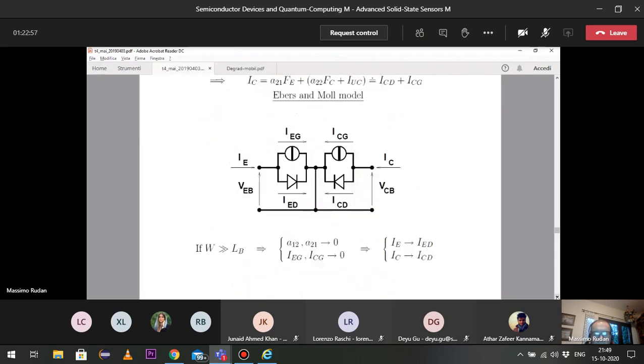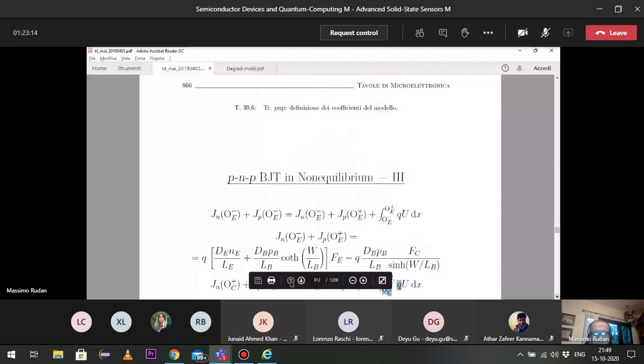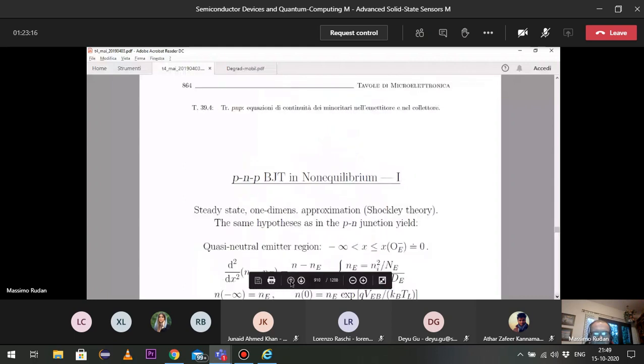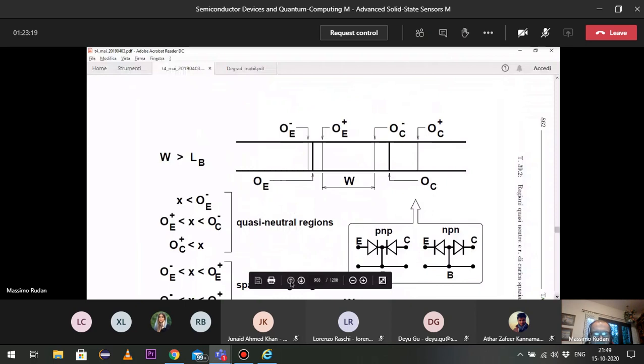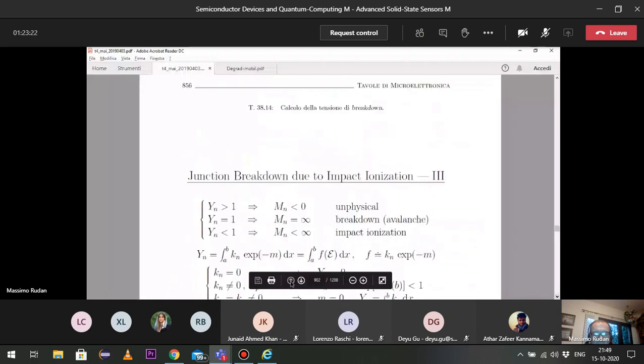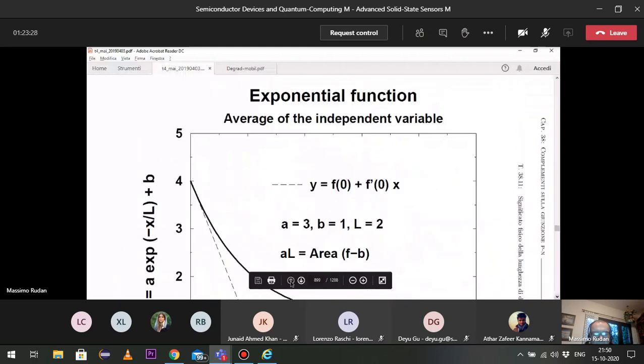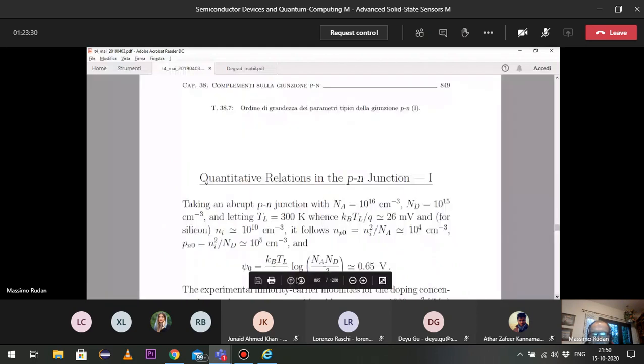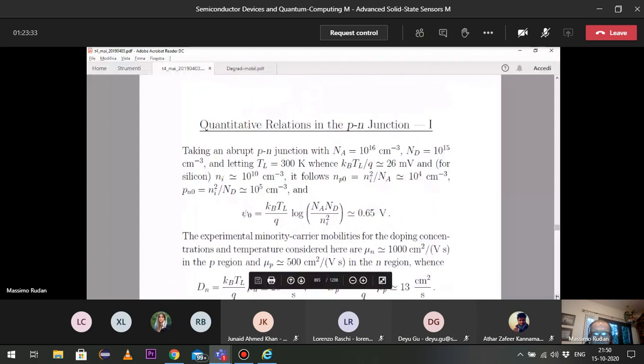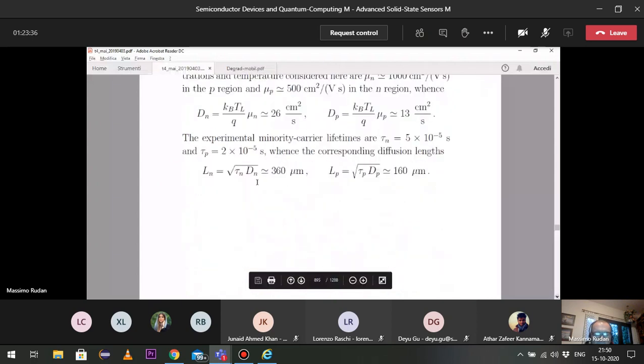course, if W is larger than LB, this is the wrong design. In actual situations, it is the opposite, because maybe you remember that a couple of days ago, we analyzed the orders of magnitude of some quantities in the p-n junction. Okay, this is it.